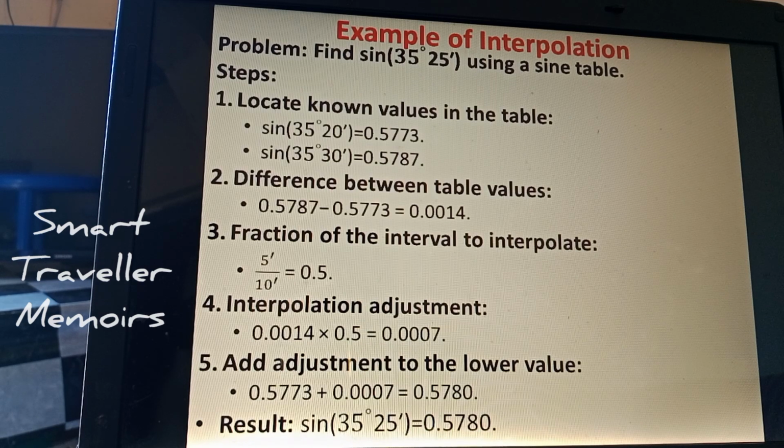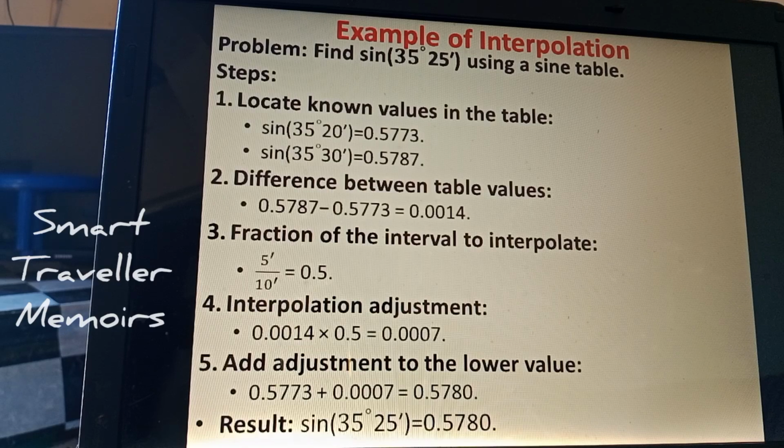Example, find sine 35 degrees 25 minutes using a sine table. Steps, locate known values in the table. Sine 35 degrees 20 minutes is 0.5773, and sine 35 degrees 30 minutes is 0.5787.